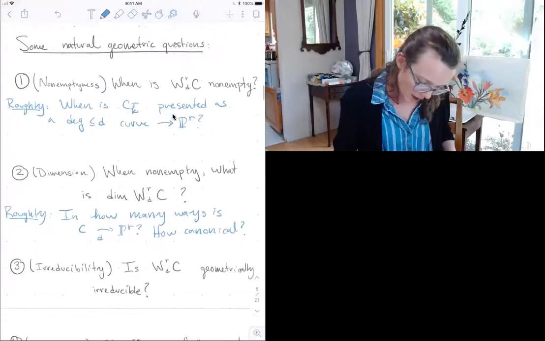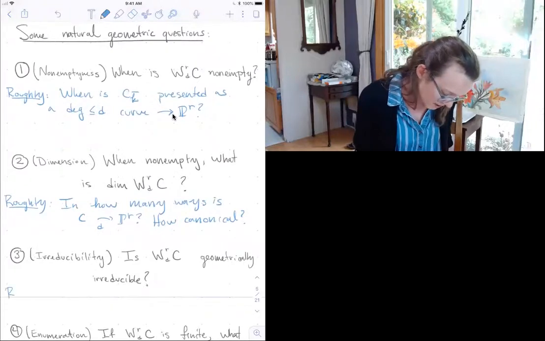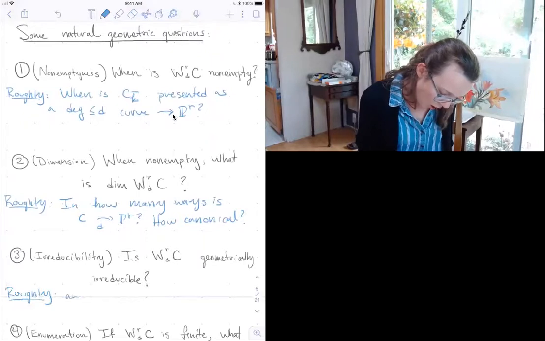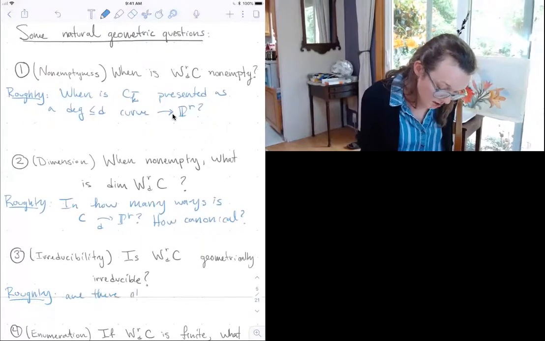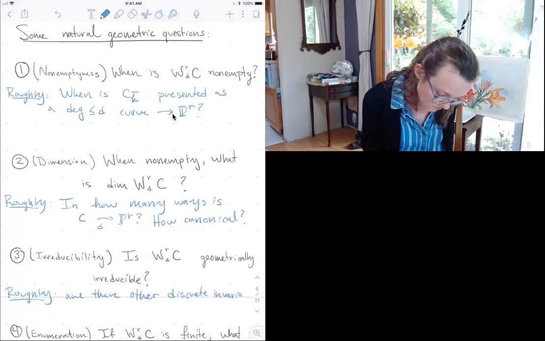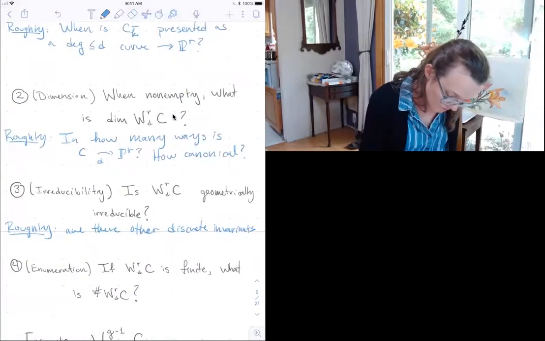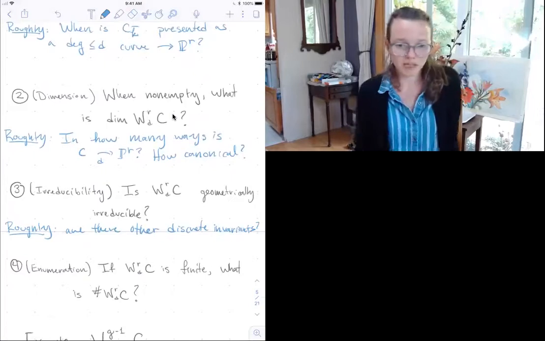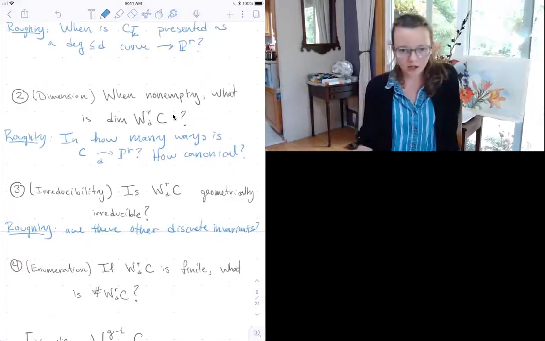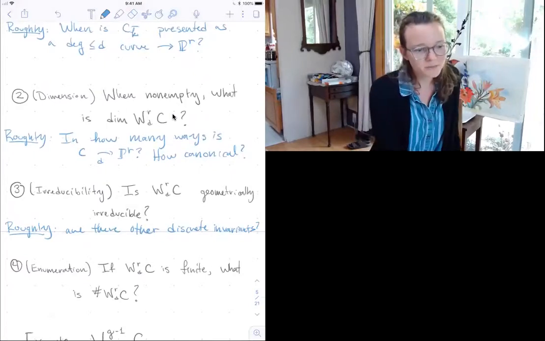So I want you to think about this irreducibility as roughly saying, are there other discrete invariants for line bundles of degree D with at least R plus 1 global sections.